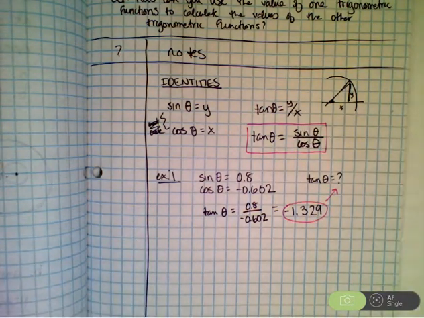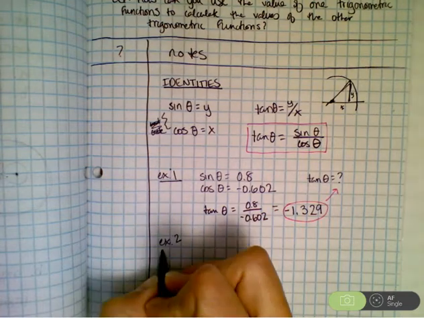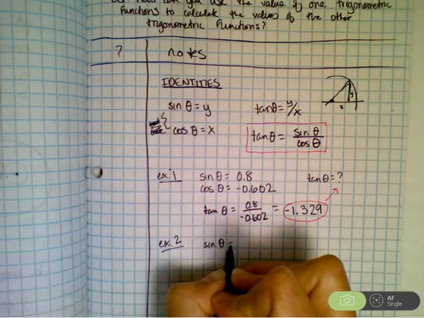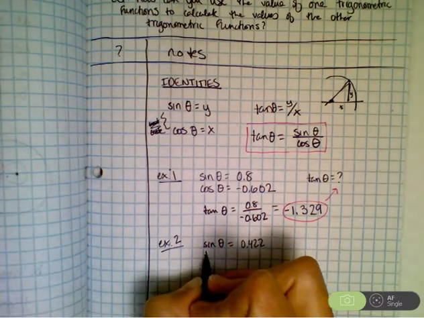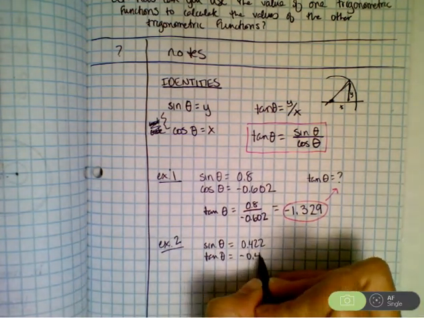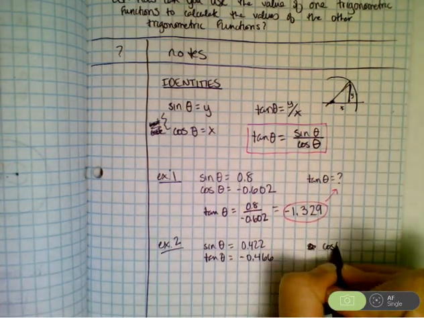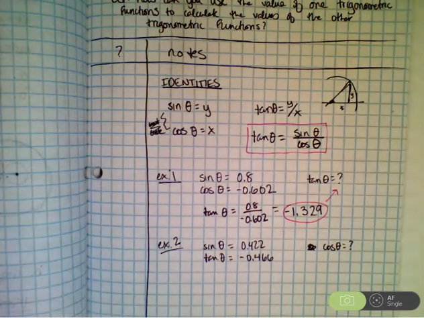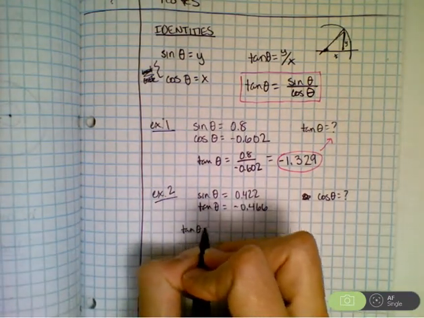The other possibility is if, for example, you know the sine of an angle is 0.422, you know the tangent of the same angle is negative 0.466, and you want to know what the cosine of the angle is. Then you just use the same formula: tangent equals sine over cosine.